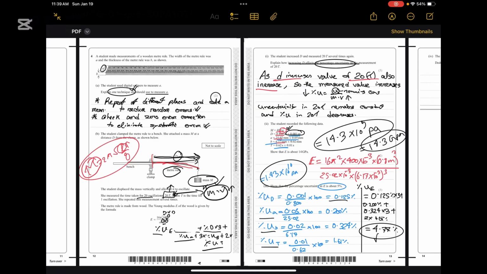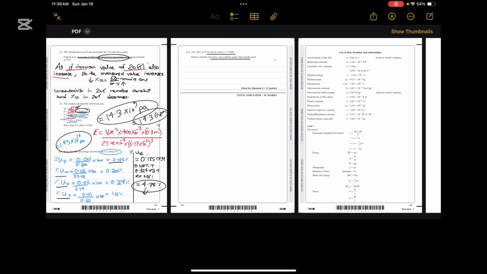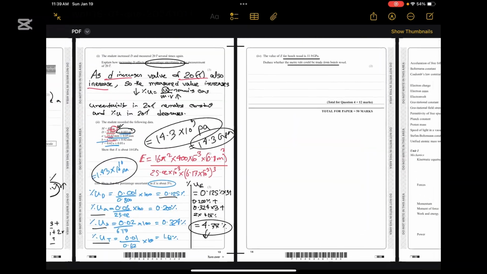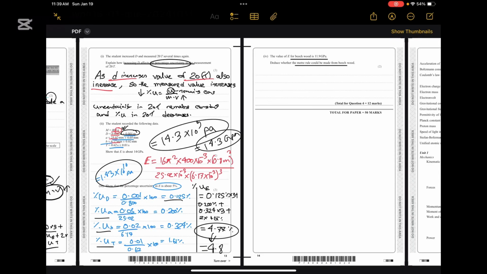Its percentage uncertainty is 4.77, so we can take the percentage uncertainty as 4.8%.